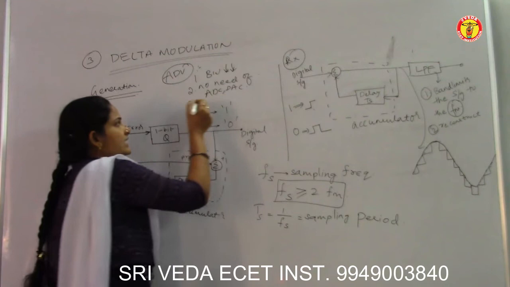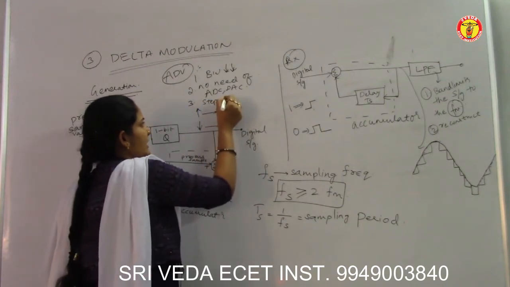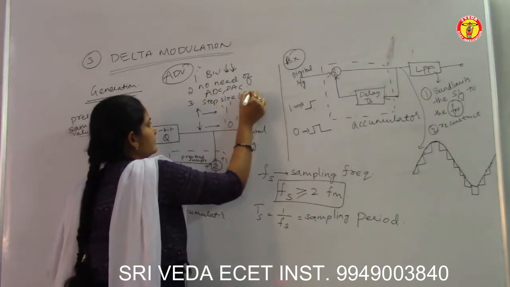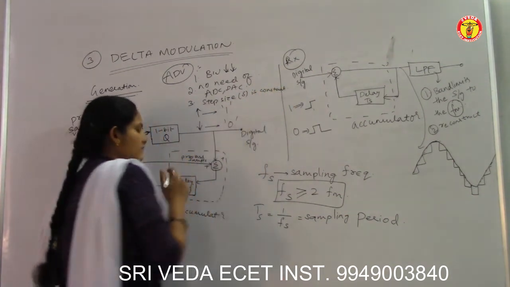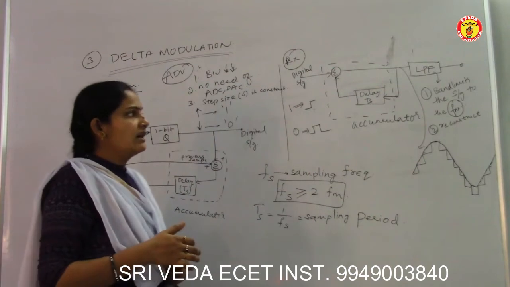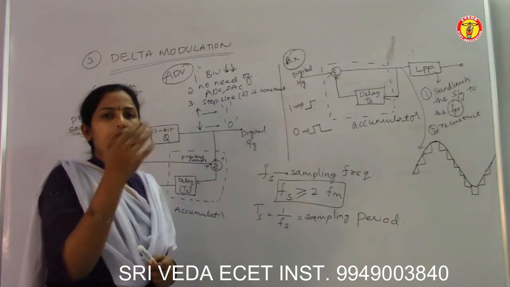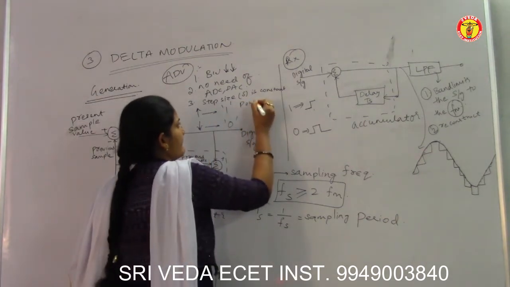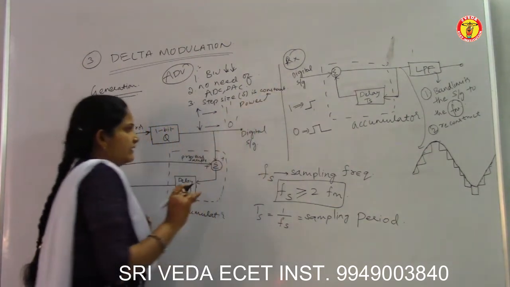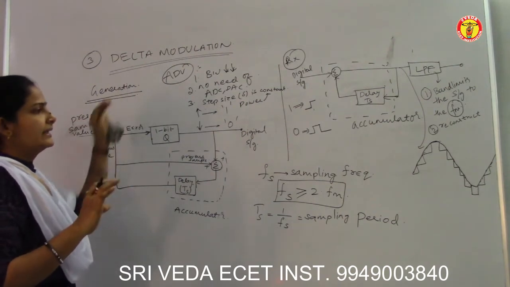Here, one more thing is that the step size is constant. As the step size is constant, we don't need to transmit more and more power. Power is also constant. So these are the advantages of delta modulation.